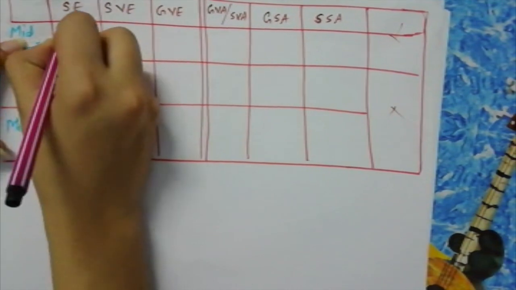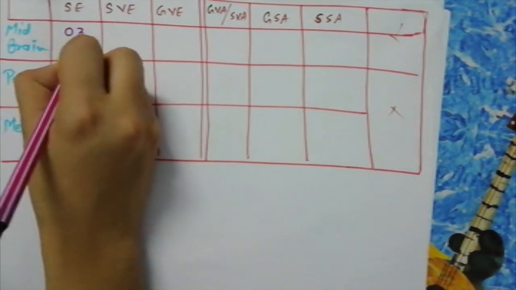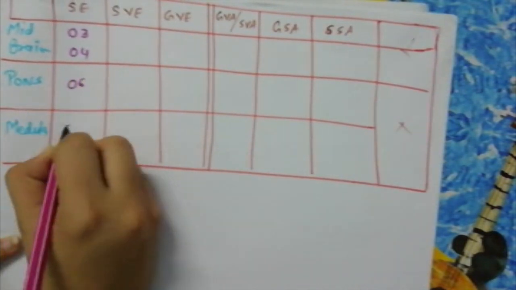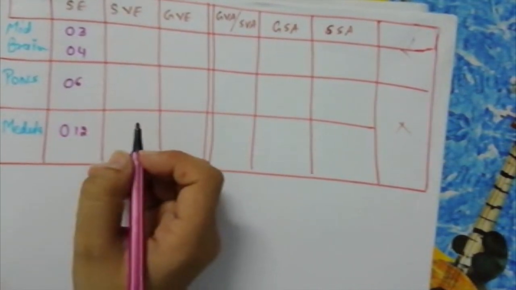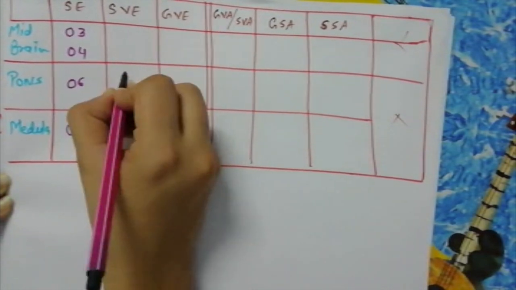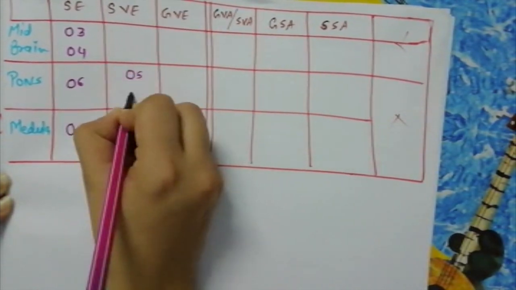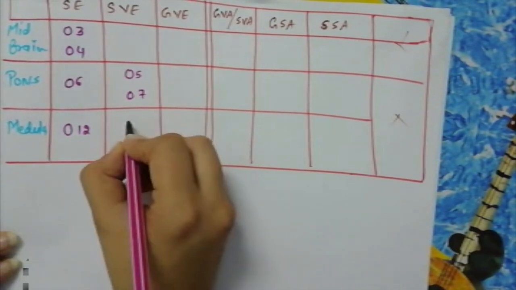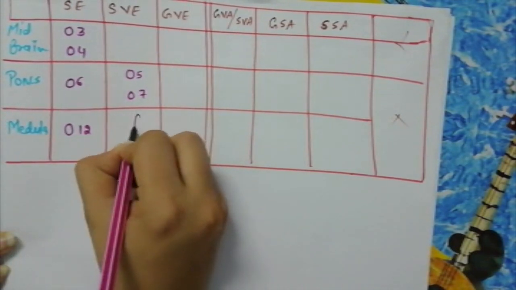This is 3rd, 4th, 6th and 12th. Then in the pons, 5th and 7th. In the medulla, this is nucleus ambiguus.